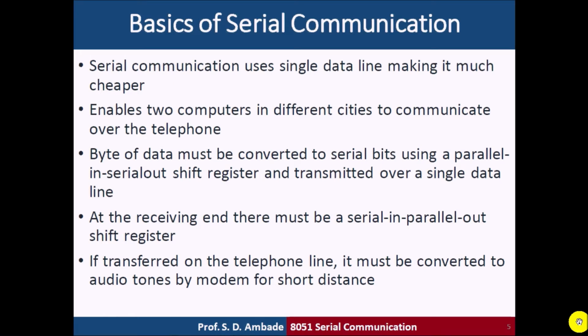If transferred on a telephone line, it must be converted to audio tones by a modem for short distance. All of you are aware of modem. What is modem? The work of a modem is to modulate and demodulate. Both processes are in the same device, which is called a modem. Modulation means converting parallel data to serial form. At the demodulation end, this serial data is converted into parallel form.